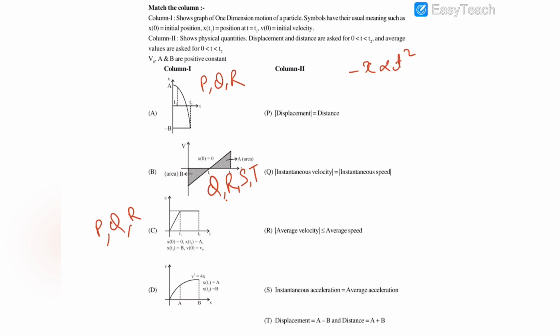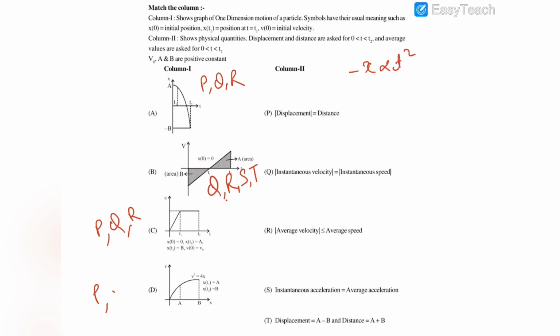Now for option D, this is a parabola. It is mentioned in the question that this is a parabola which is opening towards the x-axis. So you can see that velocity will never be negative, obviously. So P is the correct answer, because distance would be equal to displacement.